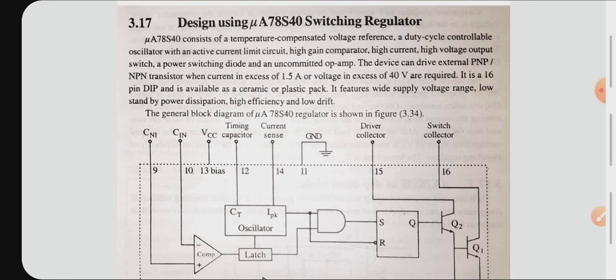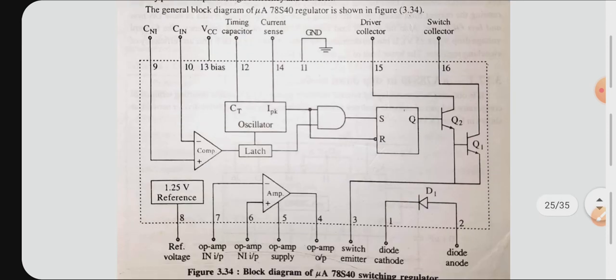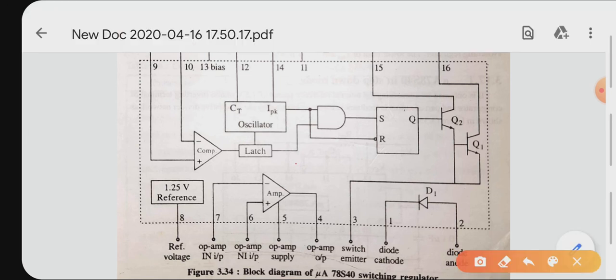Here the problem can be asked, draw the internal diagram of IC 78S40 with the pin configuration. So this is the internal diagram of the 78S40 regulator. You can see there is an individual op-amp given internally. A diode is separately given with pin number 1, 2. Its terminals are brought outside.